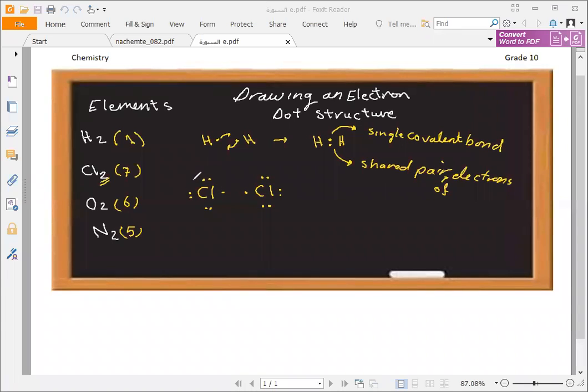Because here the chlorine atom needs 1 electron to be octet stable.